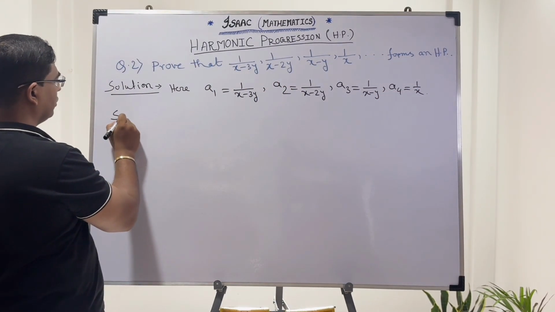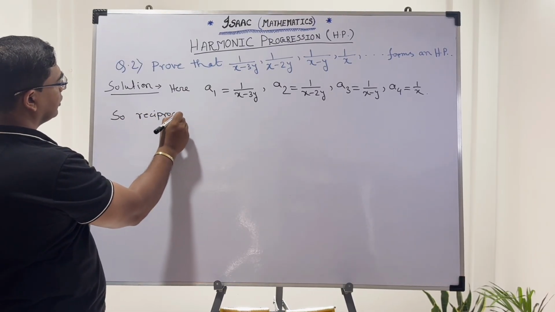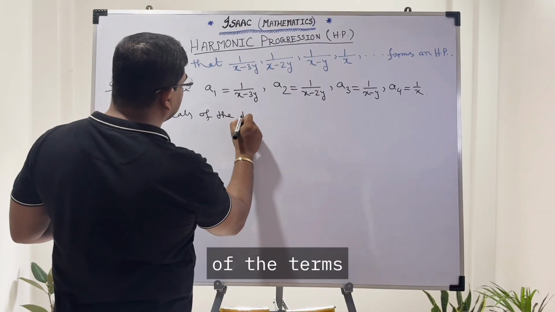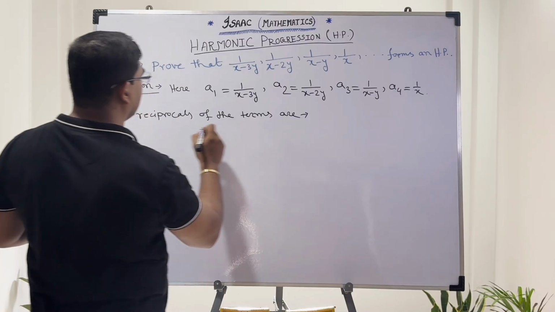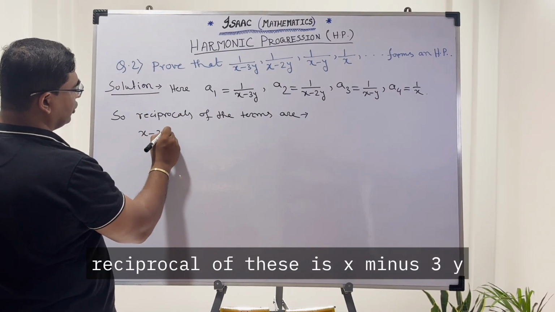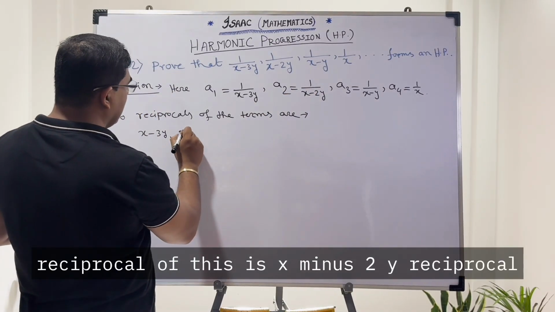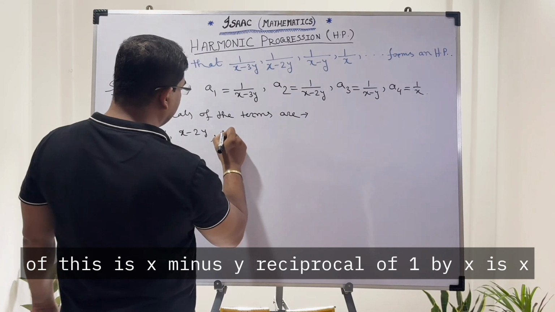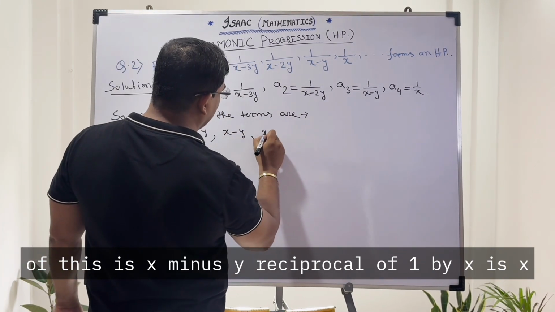So, reciprocals of the terms are: reciprocal of this is x minus 3y, reciprocal of this is x minus 2y, reciprocal of this is x minus y, reciprocal of 1 by x is x.